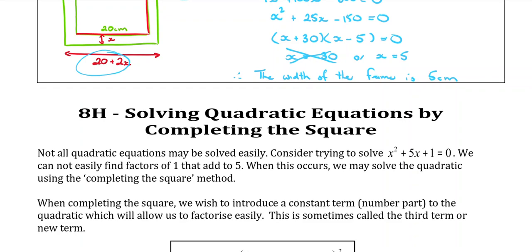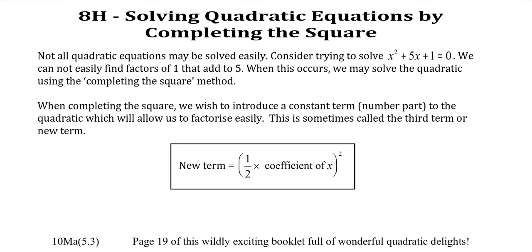Okay, so on to our new work for today. We have looked at completing the square before and factorizing to complete the square, but we want to go a step further today and actually solve equations by completing the square. So the reason we have this, if you remember, is because not all quadratic equations can be factorized.